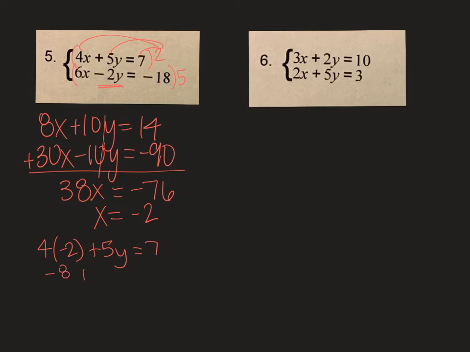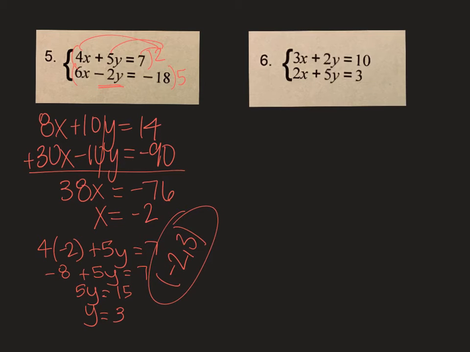So negative 8 plus 5y equals 7. Add my 8 to both sides, which is going to give me 5y equals 15. I divide by 5, and I end up with 3 for y. As always, write your ordered pair for your final answer.